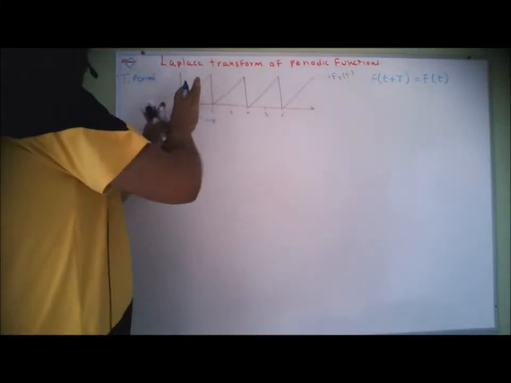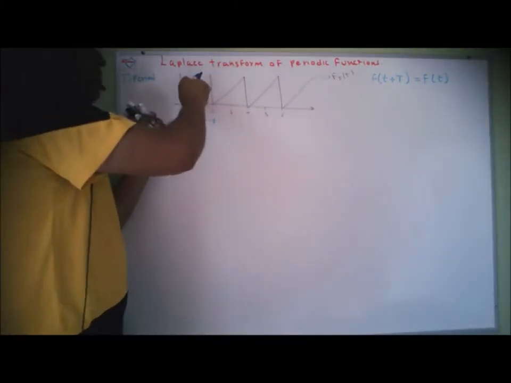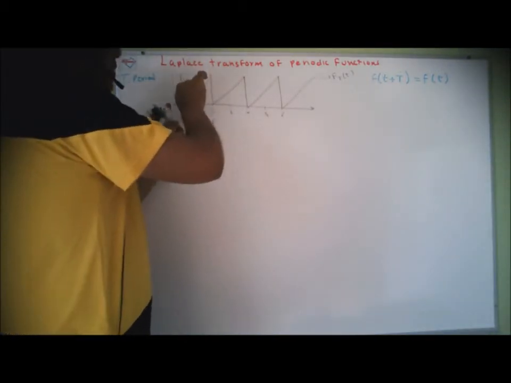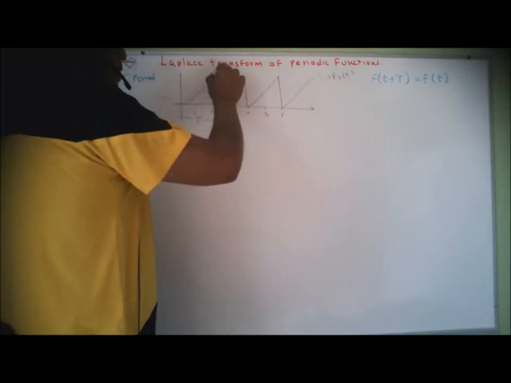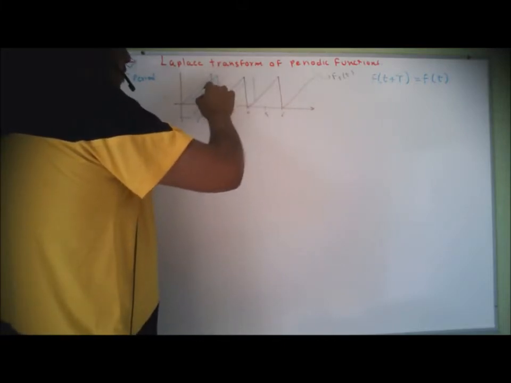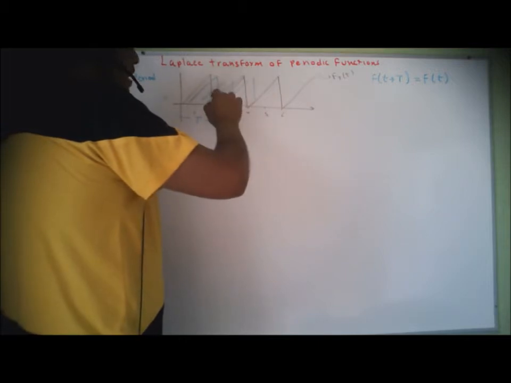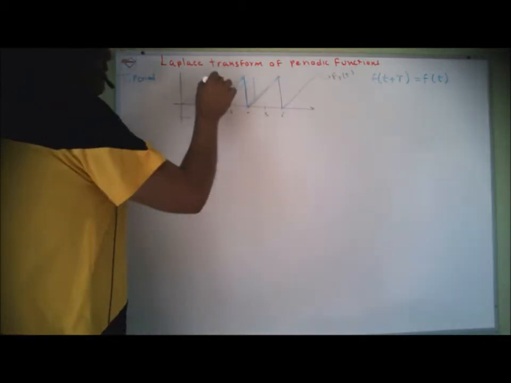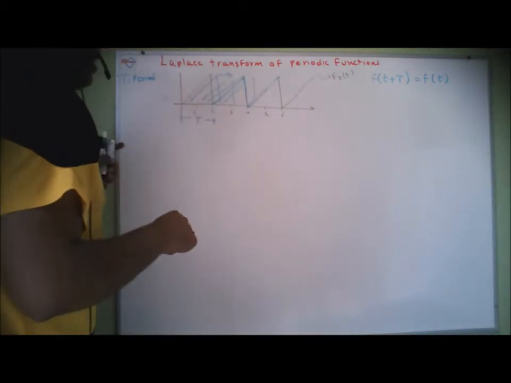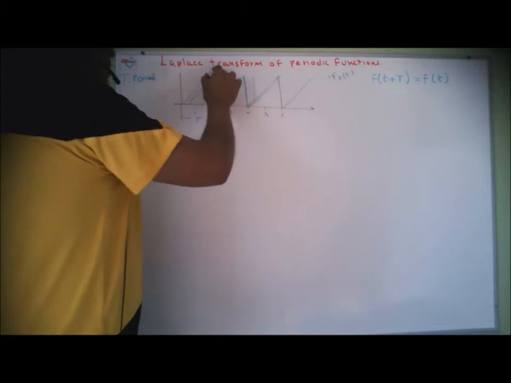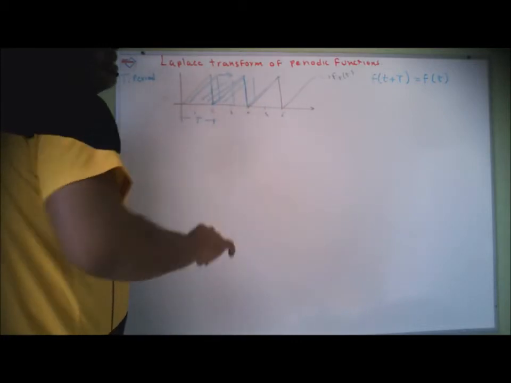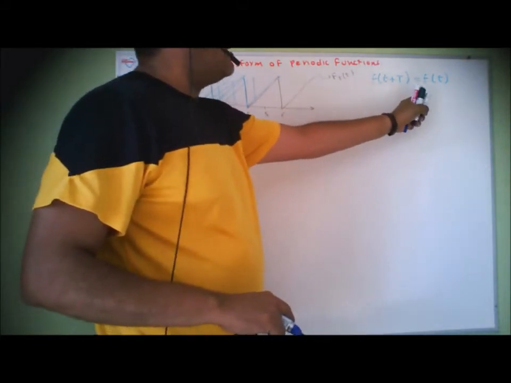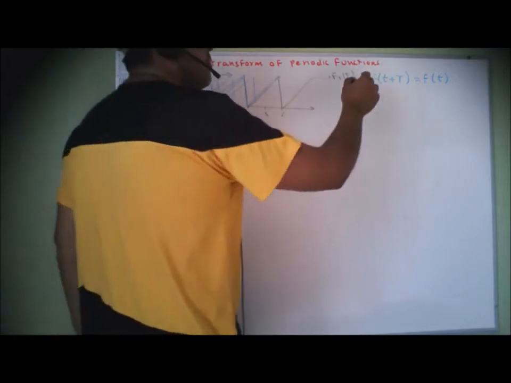So if you graph the function and you displace it to the left or to the right by exactly one period, there will be a point where you overlap the same function. A shift to the right or to the left repeats the function. So this is a periodic function mathematically.